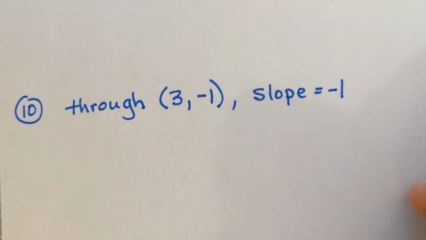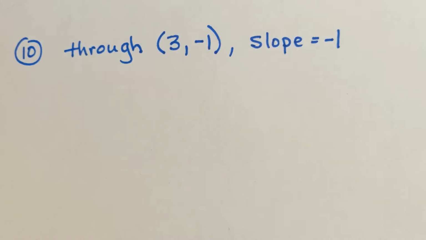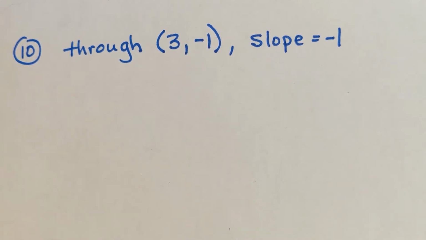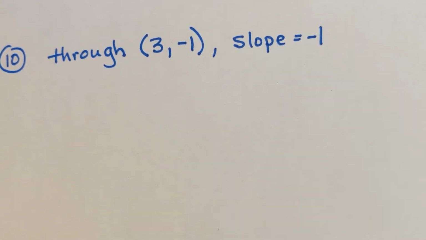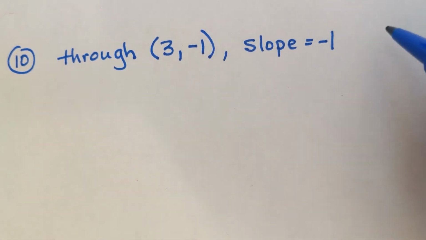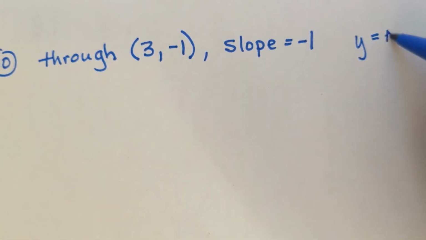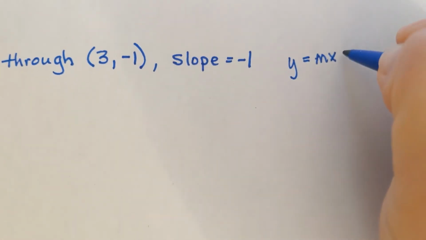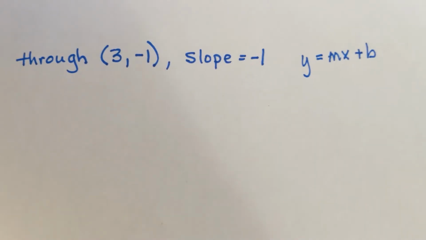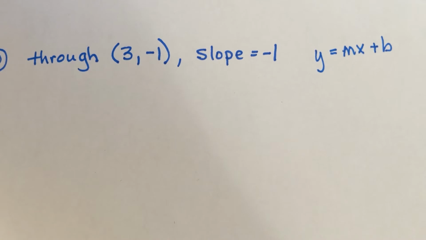Let's take a look at number 10. The directions for number 10 say to write the standard form of the equation of the line through the given point with the given slope. So we're going to use slope-intercept form again, y equals mx plus b. So we're going to use that same format. We don't know what b is.